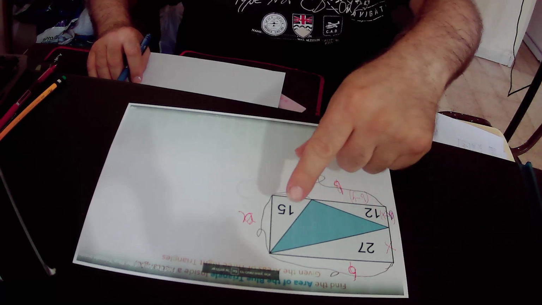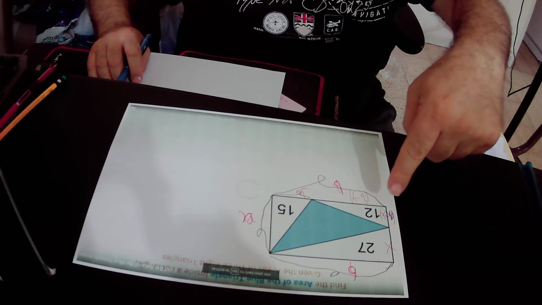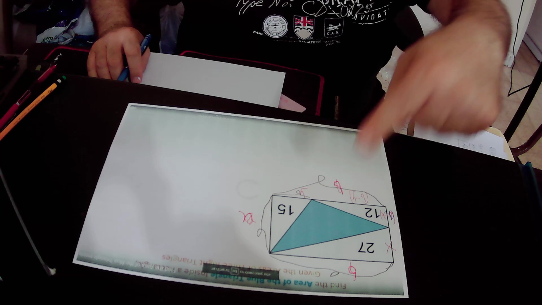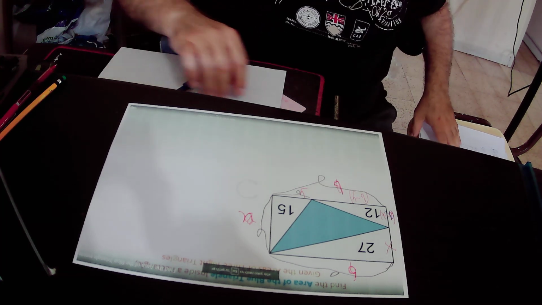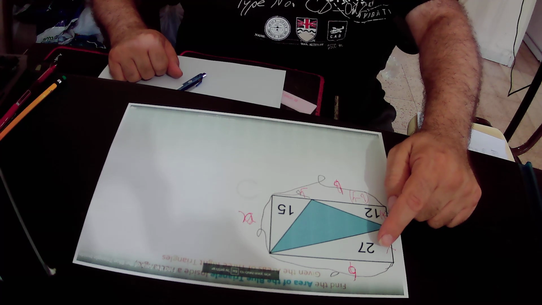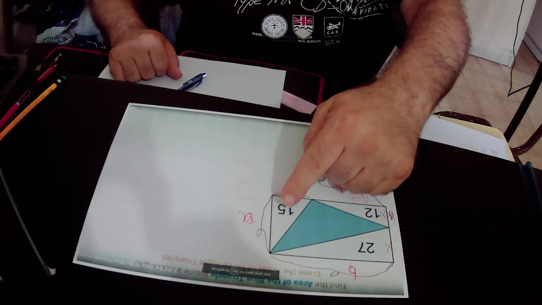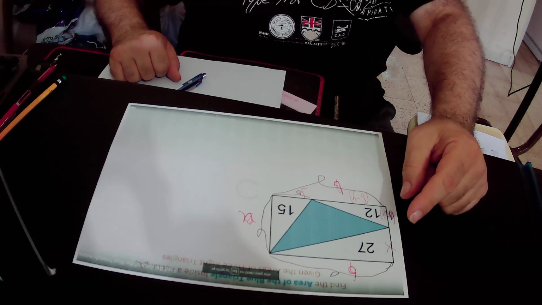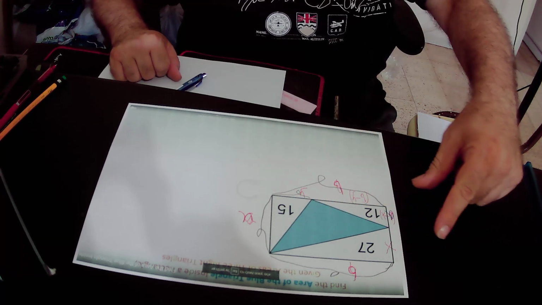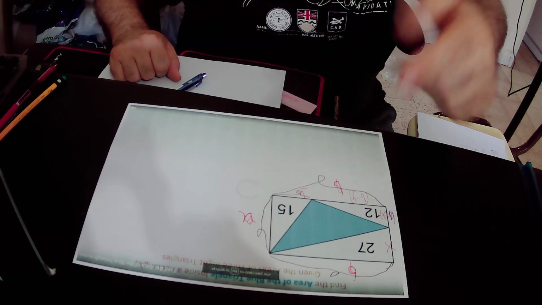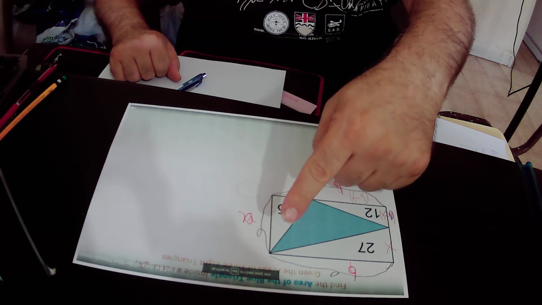Because the areas of the three right triangles are given, the only thing that is left to find is the area of the rectangle, which is the length times the width.